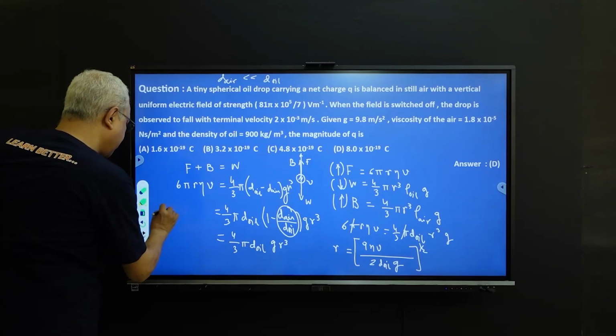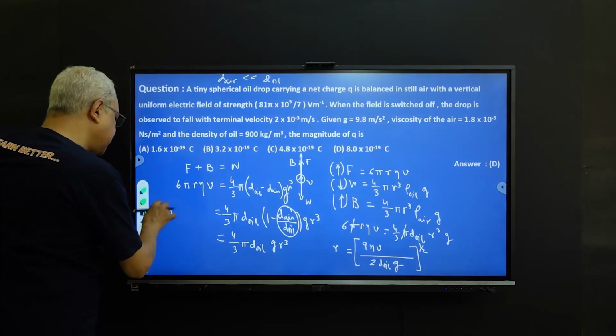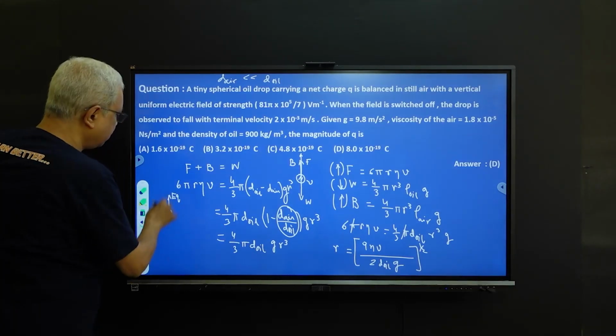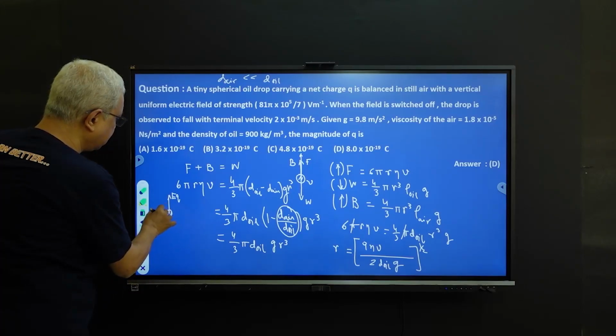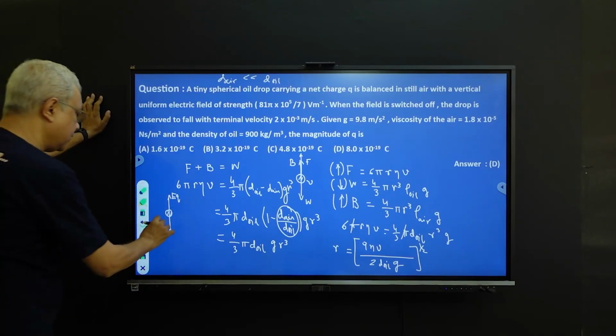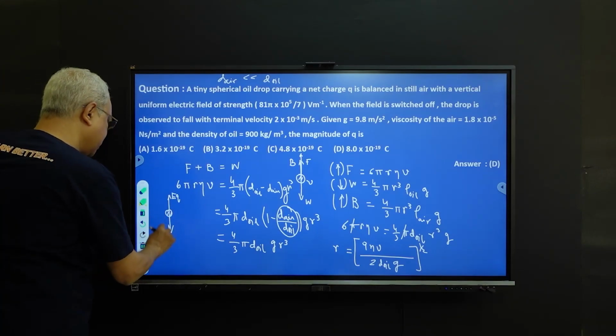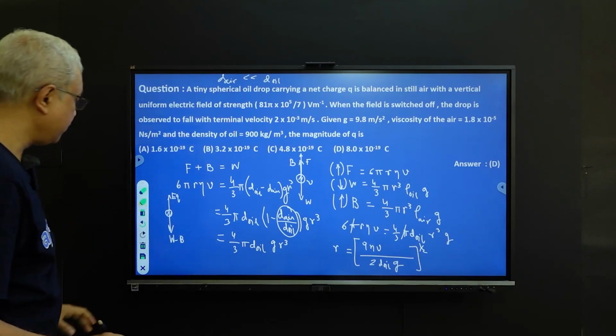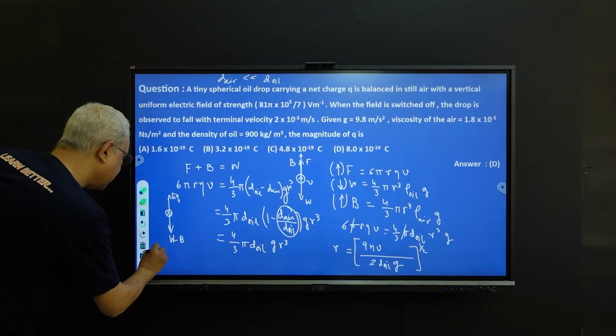That means it is balanced, means it is at rest. The electric field is in this direction. So the force due to the electric field on the oil drop is E into Q, which is equal to the net weight of the body, which is W minus B. So EQ equal to W minus B.